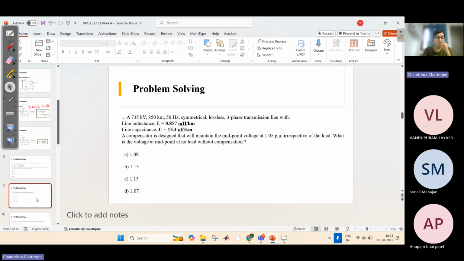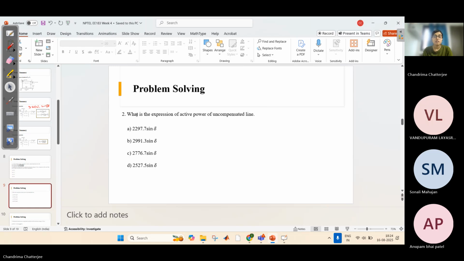So let's go to the next problem. What is the expression of active power of uncompensated line? This is very easy. Uncompensated line means the usual one that we solved in the last class.